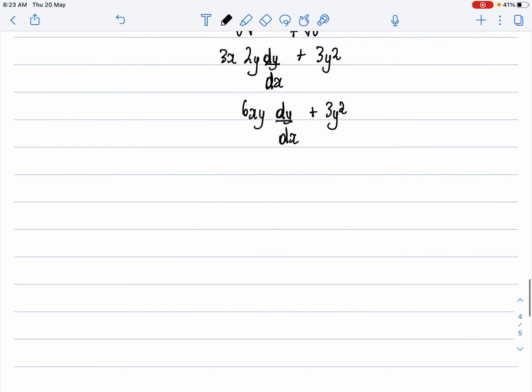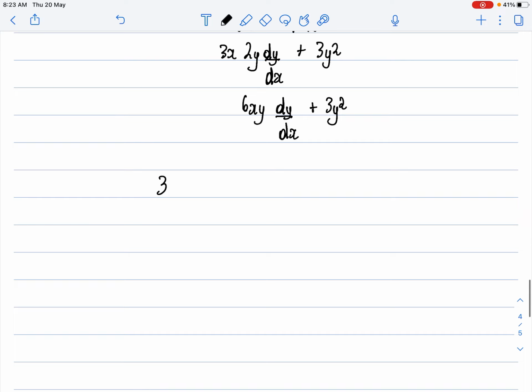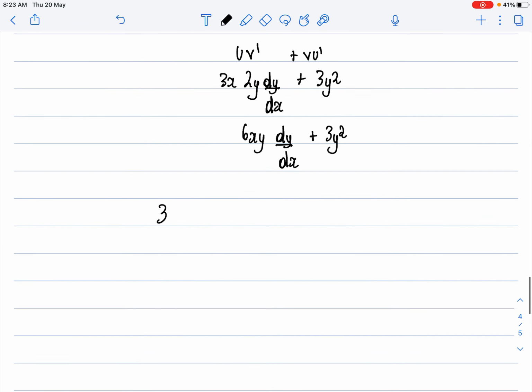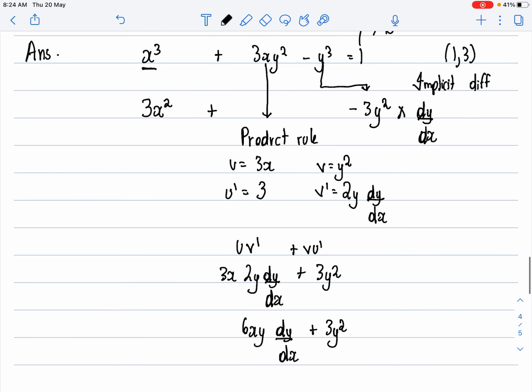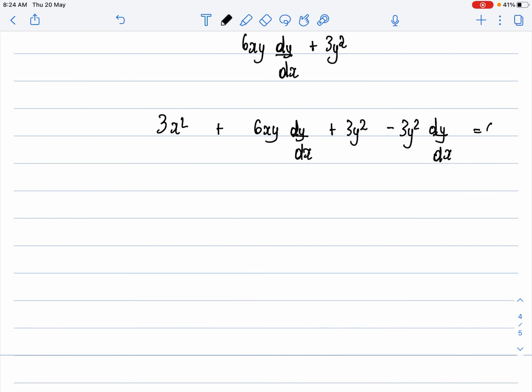So now writing everything together, I get basically 3x square plus 6xy dy by dx plus 3y square minus 3y square dy by dx equals 0.